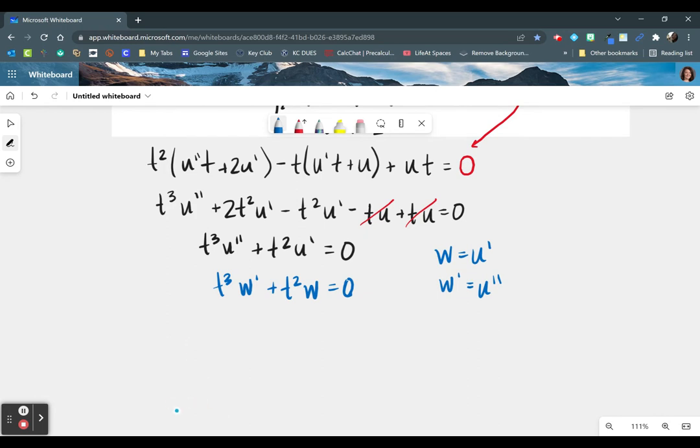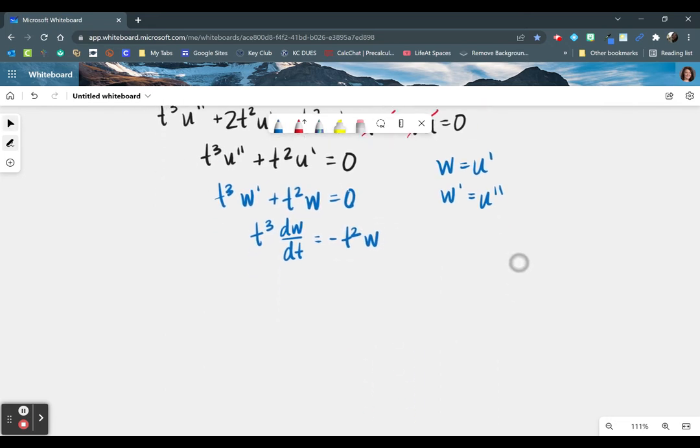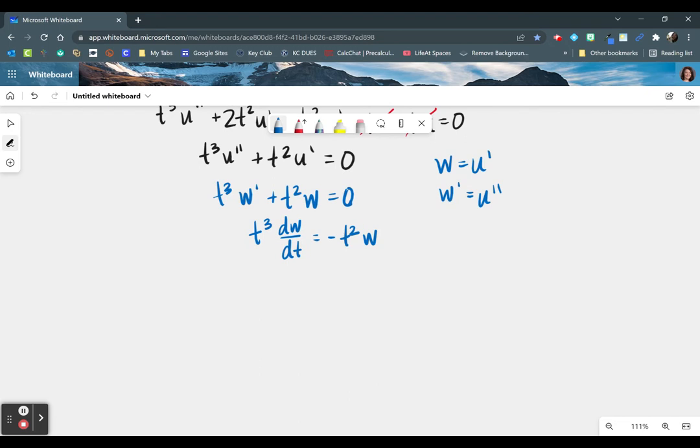So I'm going to get on one side t cubed dw dt, and on the other side, a negative t squared w. Then all my t's on one side, all my w's on the other gives me 1 over w dw equals a negative 1 over t dt.